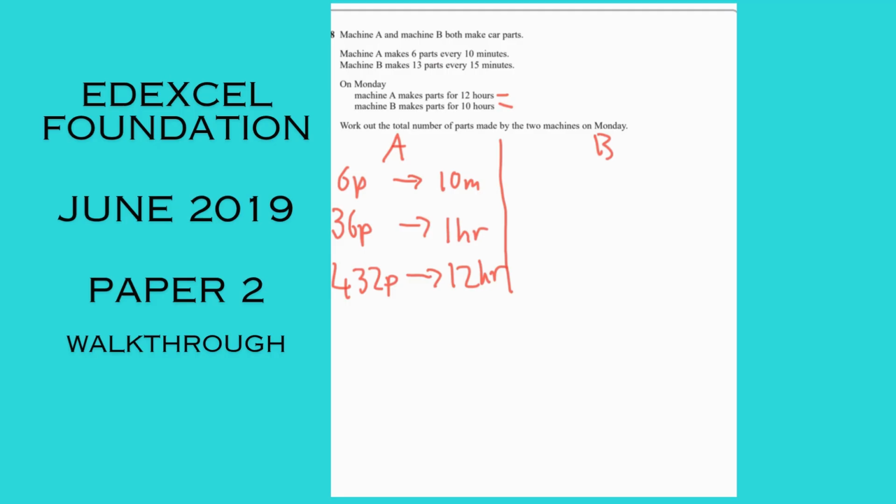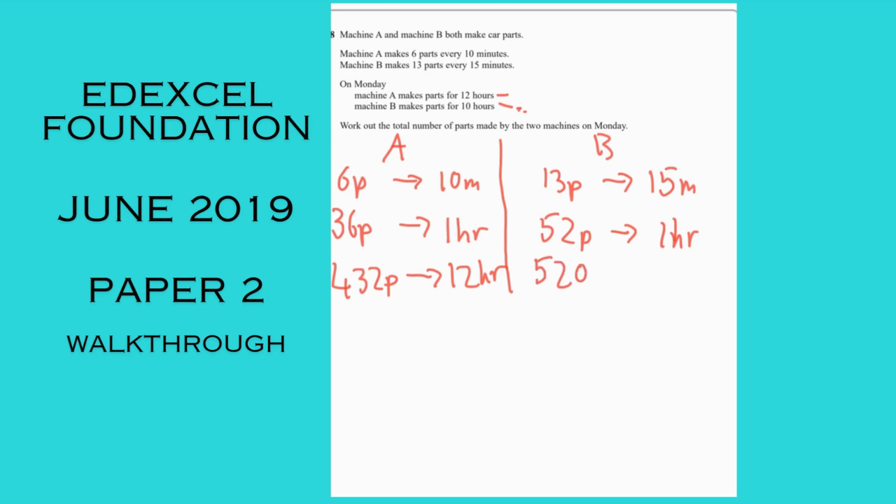Same process for B. That makes 13 parts every 15 minutes. So let's not forget 60 minutes in an hour. So our multiplier is 4. So it's doing 52 parts per hour. And that's operating for 10 hours.